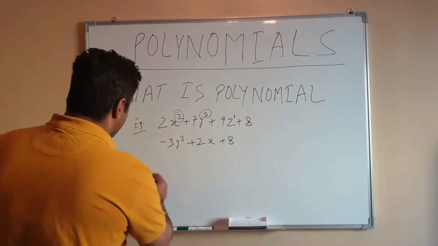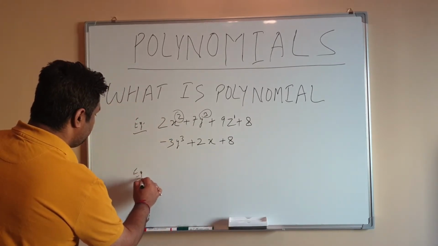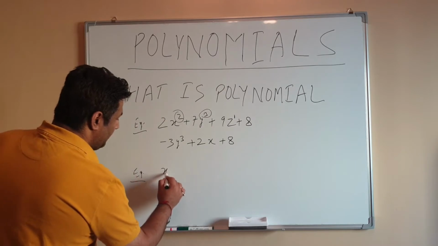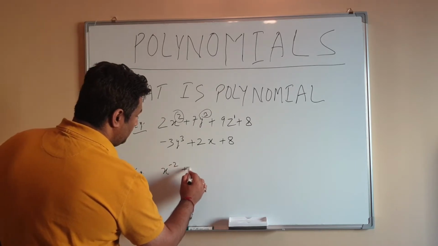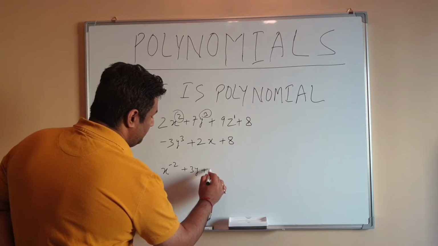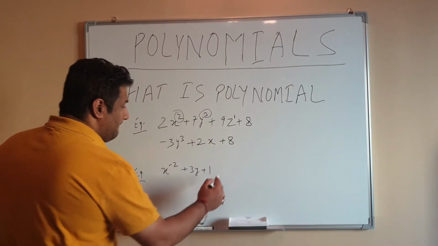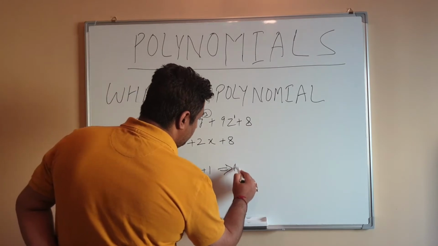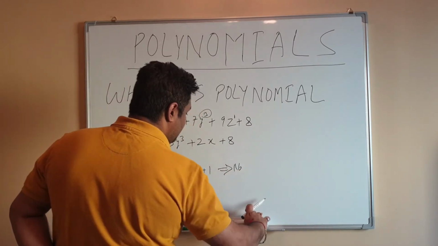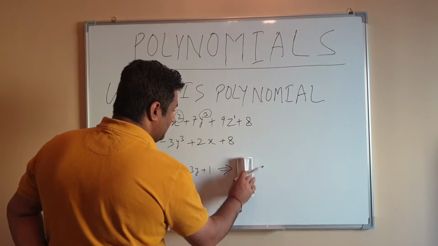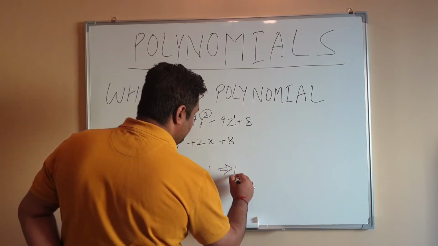Now for example, if we have a term like x raised to power minus 2 plus 3y plus 1, is this a polynomial? No, it is not a polynomial. Why is it not a polynomial?